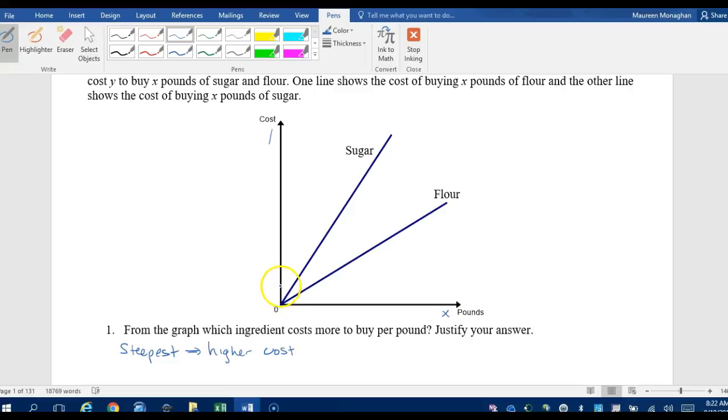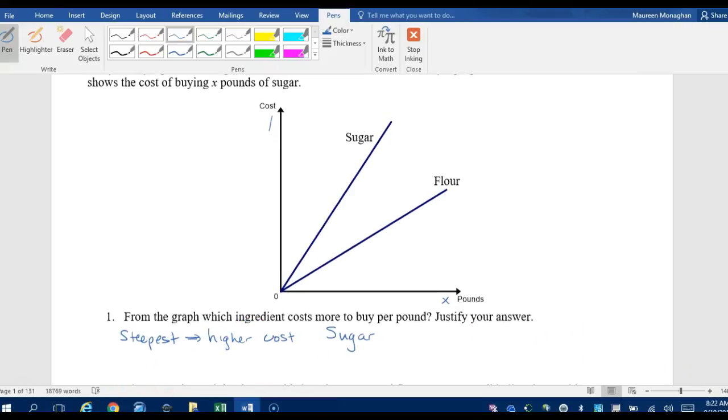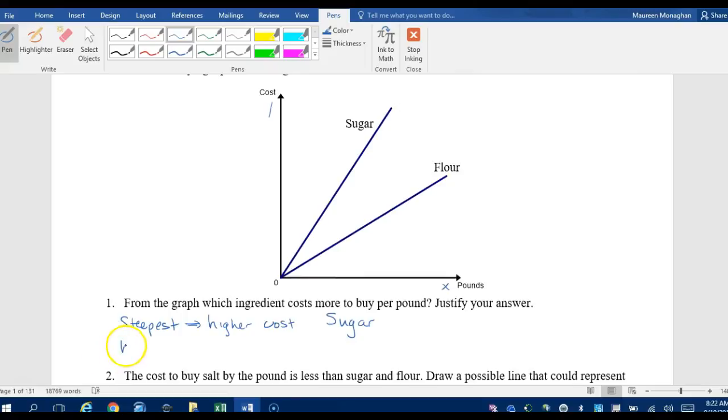So that would definitely have to be the sugar. Why? Because it's the steepest line, and it also has a higher unit rate. So the cost per pound is going to be greater than the flour.